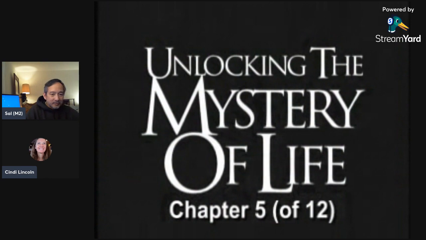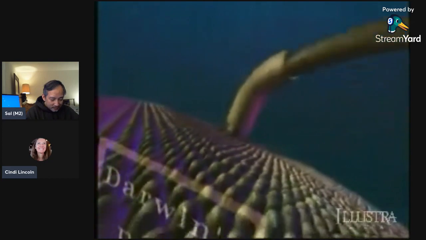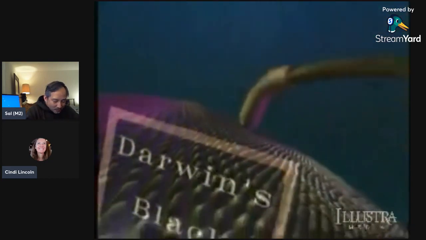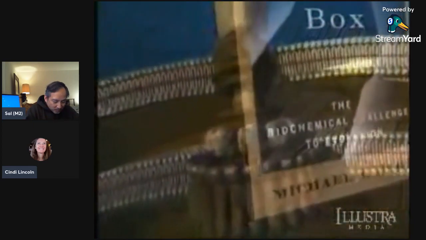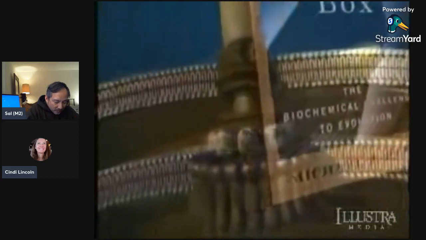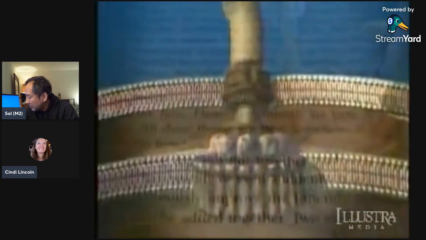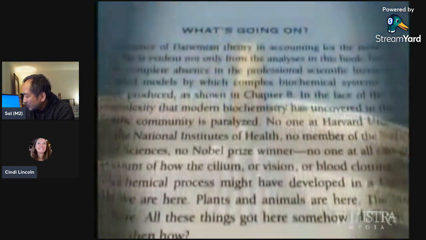In 1996, Michael Behe published a book titled Darwin's Black Box. In it, he argued that natural selection, Darwin's designer substitute, could not explain the origin of the bacterial flagellum or any other irreducibly complex biological system. Instead, Behe concluded that the integrated complexity of these systems pointed to intelligent design.